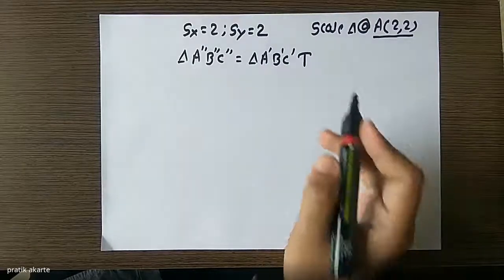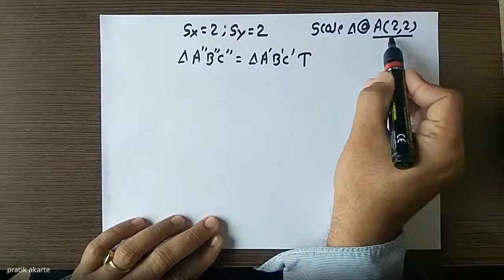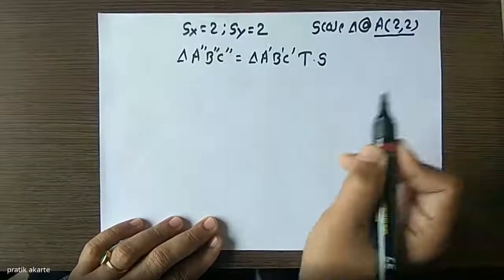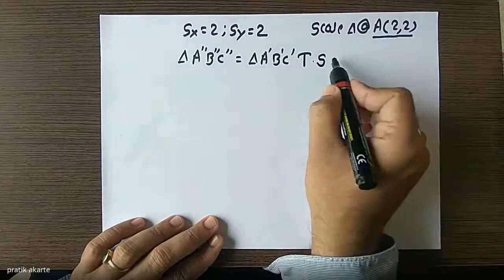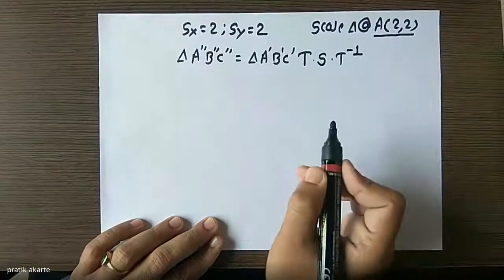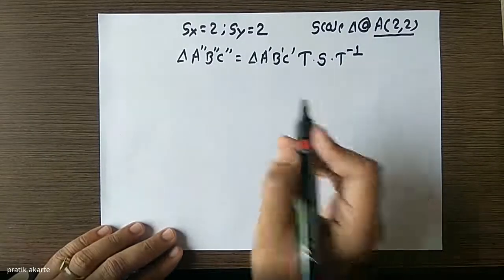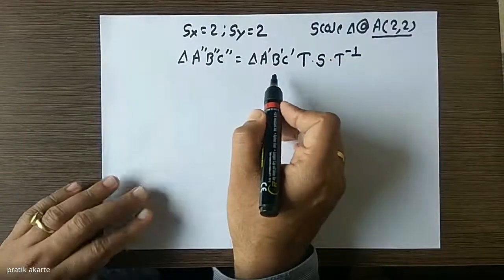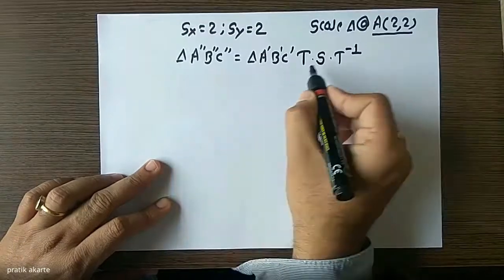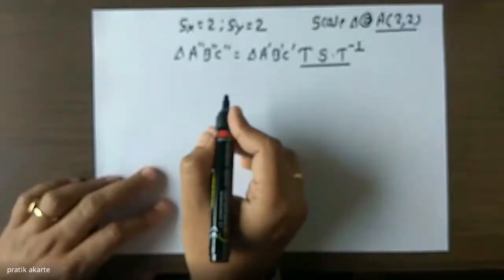Okay, so this translation in which you have to shift this point A to origin, then you can scale it and you have to reposition it with the help of inverse translation. Okay, so one by one we write the matrices for this. Rather, first we write for this to make it more understandable.